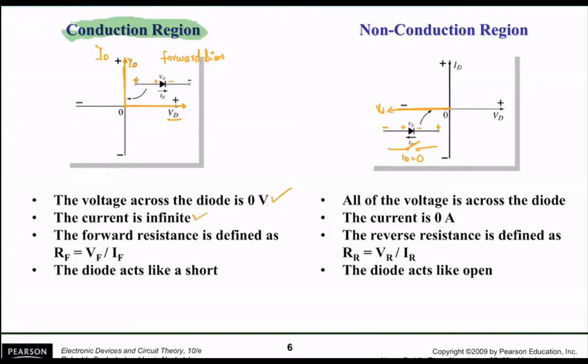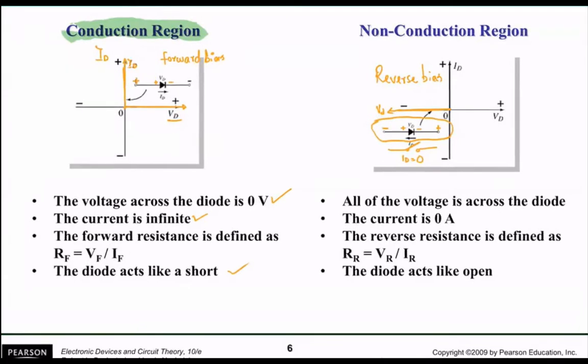The forward resistance is defined as RF equals VF over IF. The diode acts like a short circuit. And the situation that we have here is referred to as reverse bias, okay? The term reverse bias comes from the fact that we are swapping the polarities of the power supply.